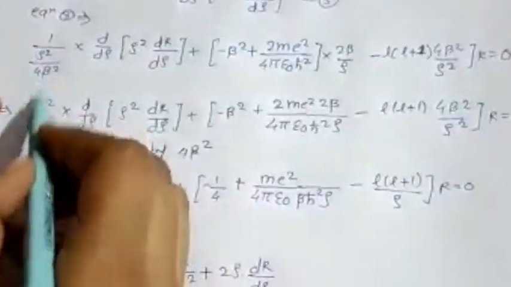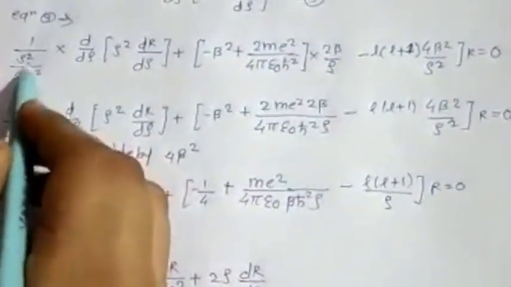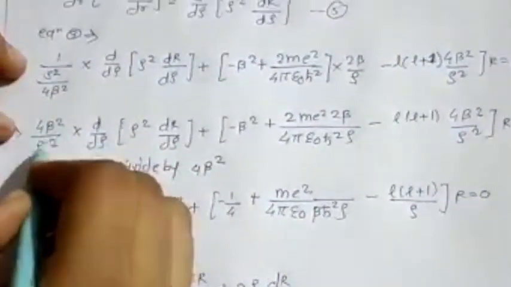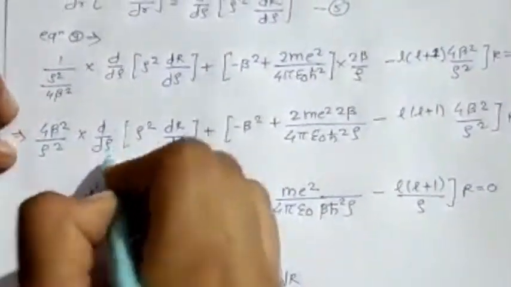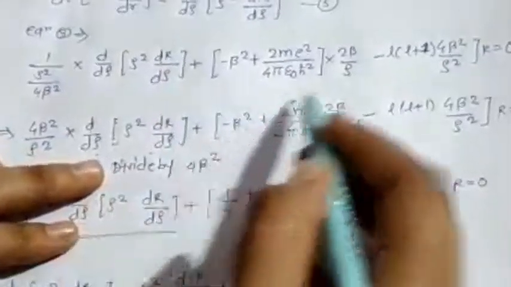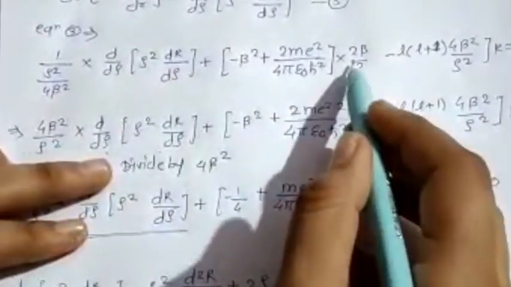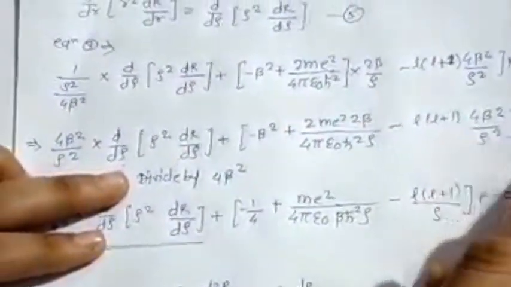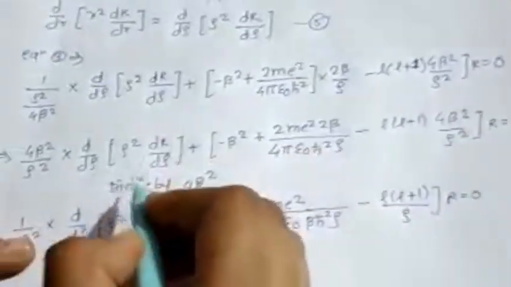By rewriting the equation, this term is in the numerator, we get 4 beta square upon rho square into d by d rho. This term is as it is. Here we can multiply inside the bracket, and this equation will be as it is.